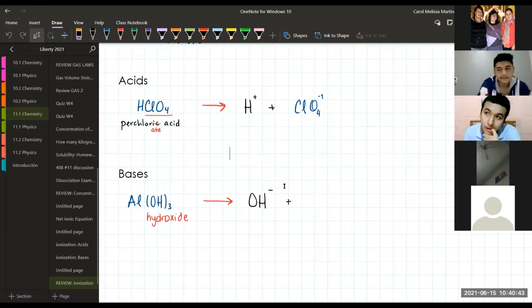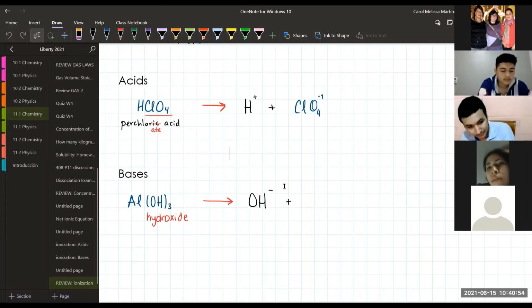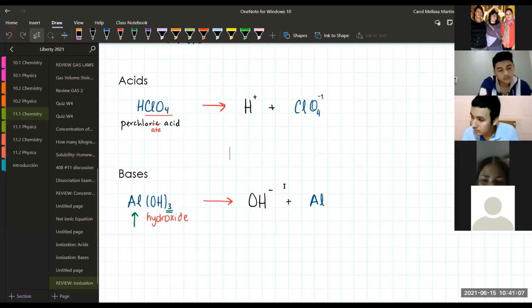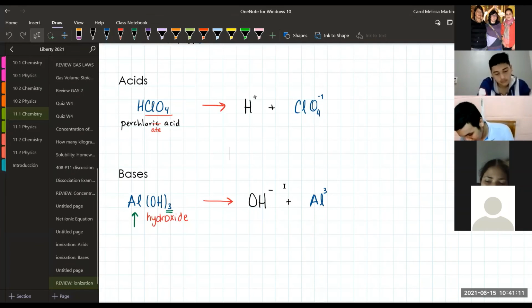It doesn't really matter here, okay? So you will have the hydroxide ion and the cation, which is the metal. The metal is aluminum, and aluminum has 3 as a charge. So the cation will be aluminum with a charge of 3 plus. You can arrange it as I said to have the aluminum first and then the hydroxide ion.